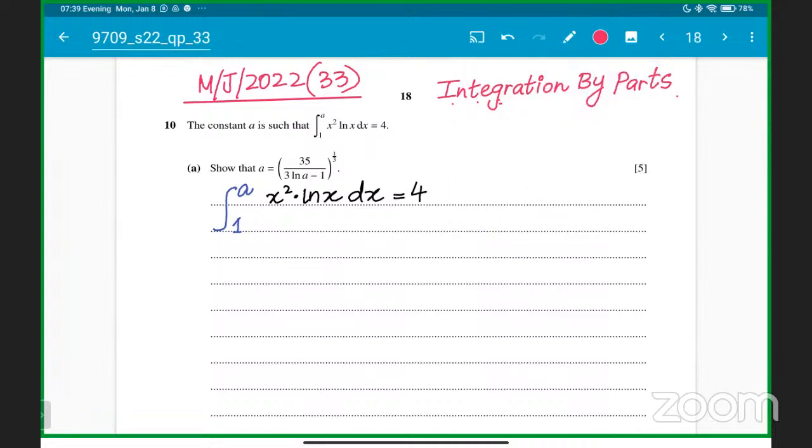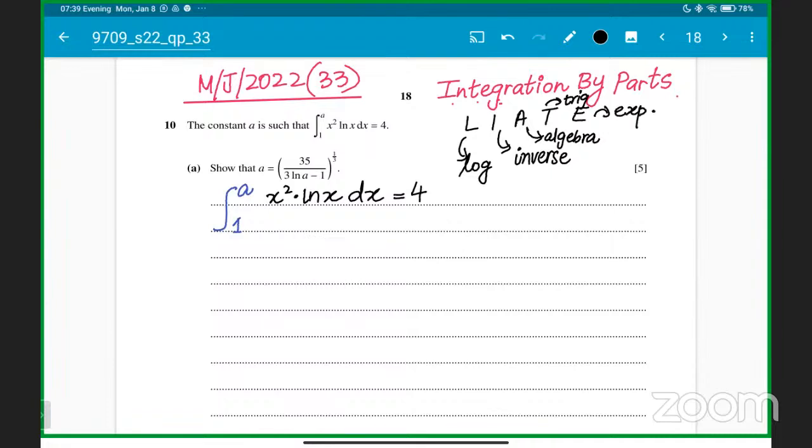Always remember, in integration by parts we have to follow LIATE, where L stands for ln, that is the logs. I stands for inverse of the tan. We don't have that in this question. A stands for algebra. T stands for trigonometry, and E stands for exponential.